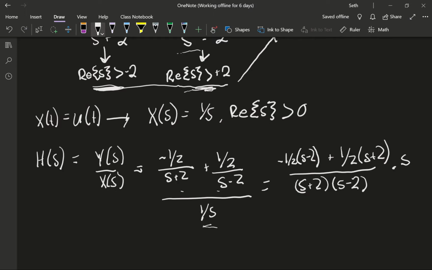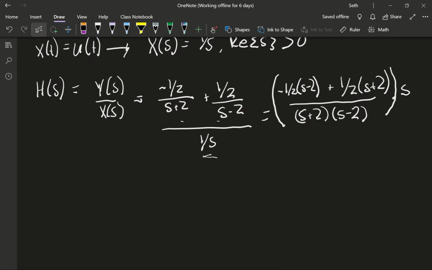Okay, so now we can simplify this. Let's write it explicitly so everyone knows what we're doing, because the tricky part of these problems is the algebra and getting it down correctly. So we'll factor out the 1/2, and we'll take this s, bring it out front.